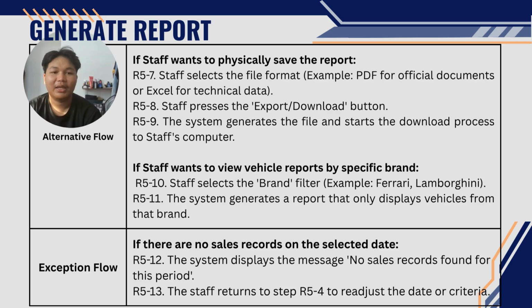Exception flow, handling errors. To ensure data integrity, the system handles empty results gracefully. If no sales records exist for a selected period, the system will display an error message: no sales records found for this period.